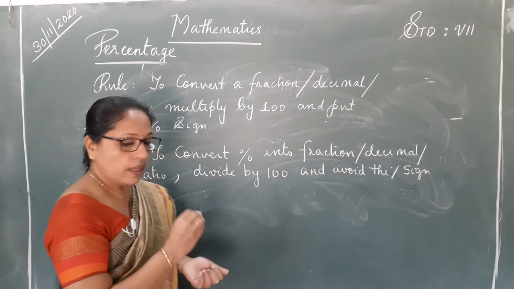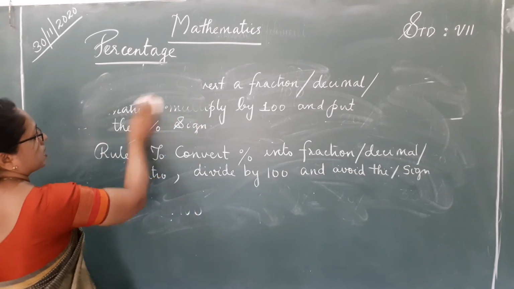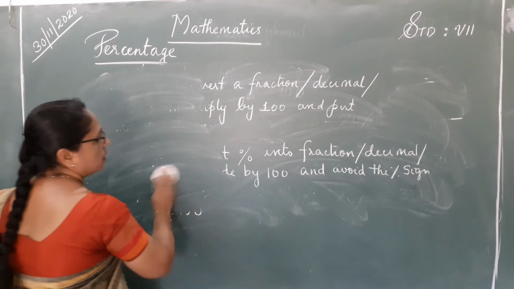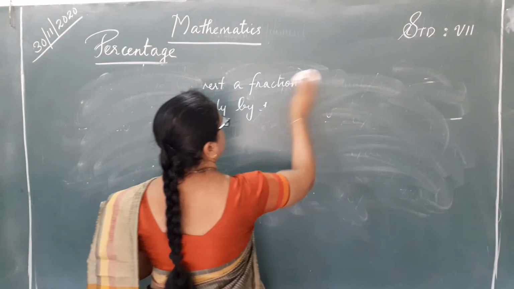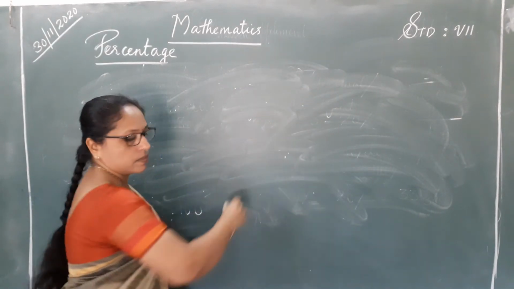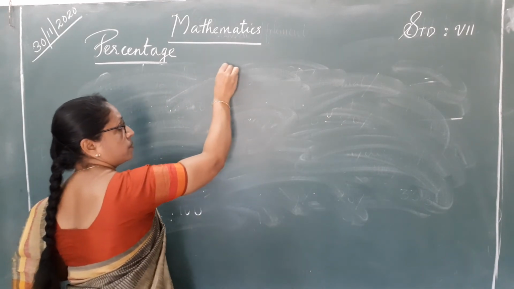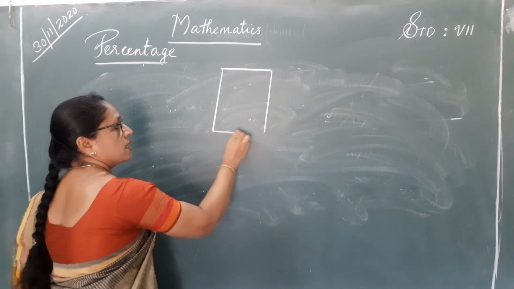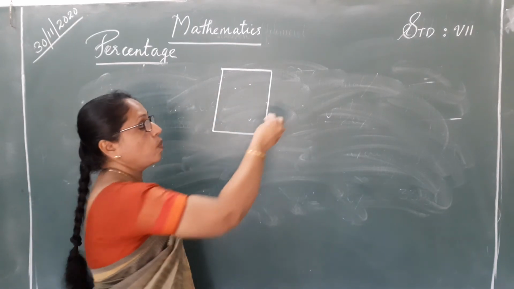Okay, now let's move deeper into the concept of percentage. As we have done in fraction, see, in fraction we have learned the picture form. I told you, remember, the whole thing will be taken as 1 in fraction.